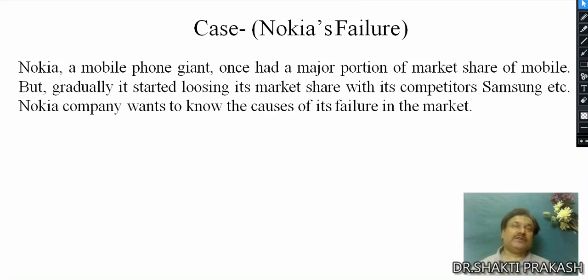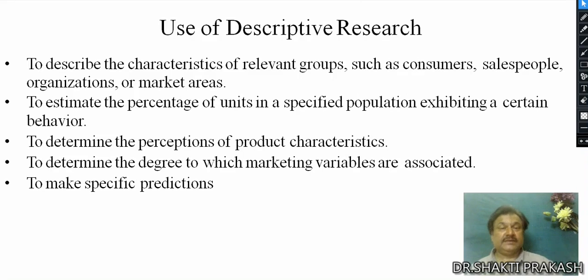Everyone knows Nokia was a big giant, maybe the market leader, but due to some reasons this company failed and Samsung came into a better position. This will be based on descriptive research.